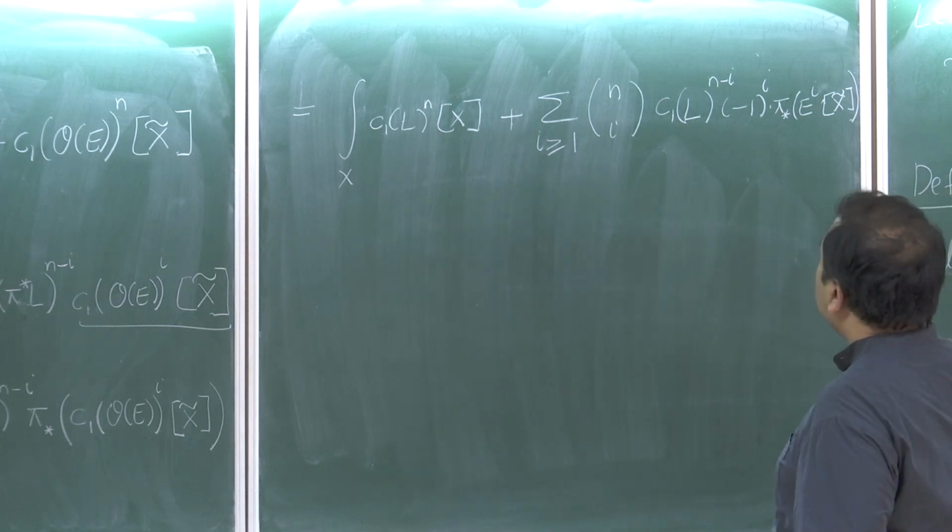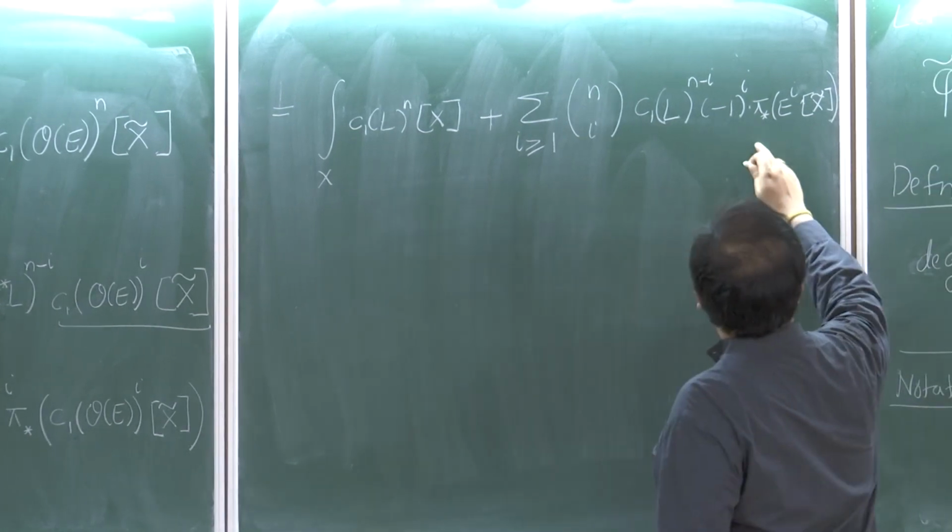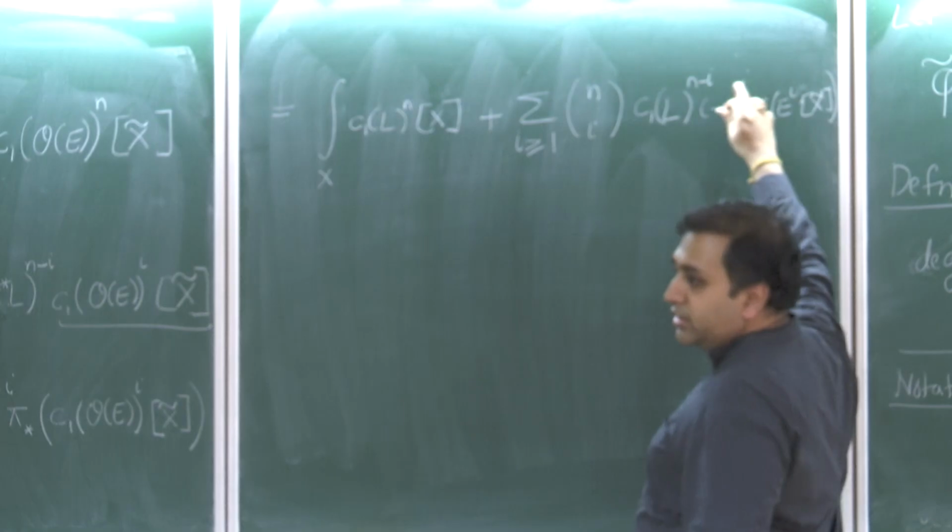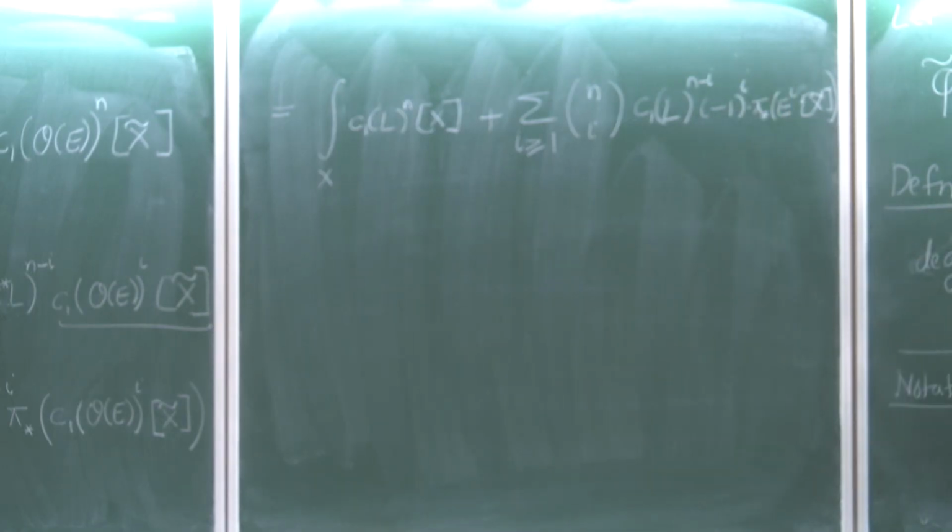Okay, so now basically I'm trying to get a Segre class type of expression out of this kind of thing.